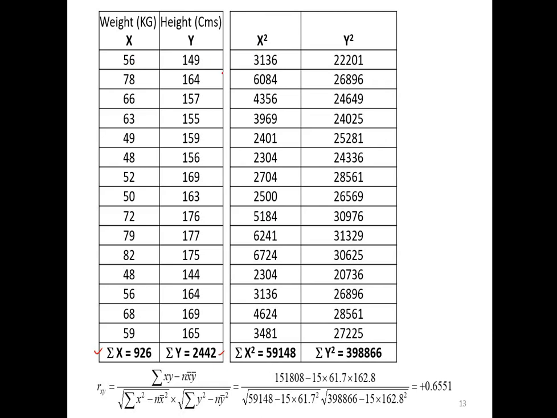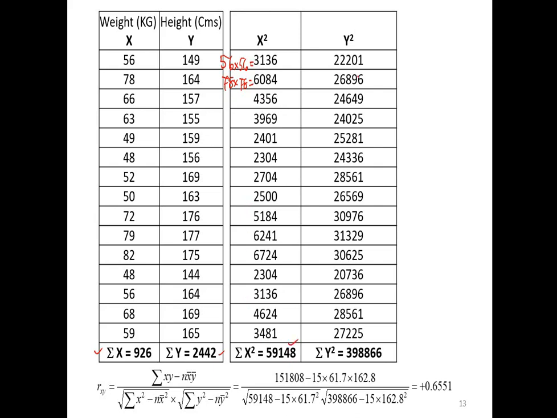So we just square it up, that means 56 into 56, this is equal to this. Next value is 78 into 78, and that is equal to this. Like this we go on, and lastly we find 59 into 59. So we take a sum of all the values of this column.